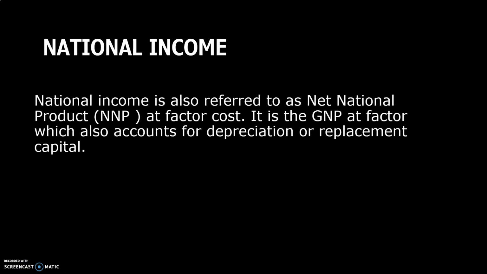Another national income statistic is national income, otherwise called net national product at factor cost. And it is the GNP at factor cost which also accounts for depreciation or replacement capital.